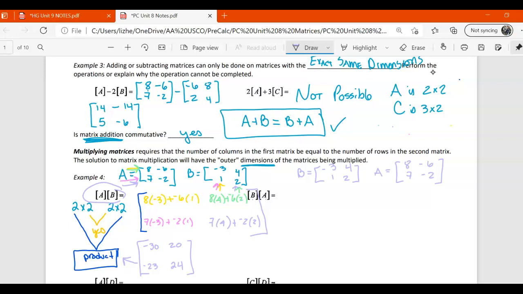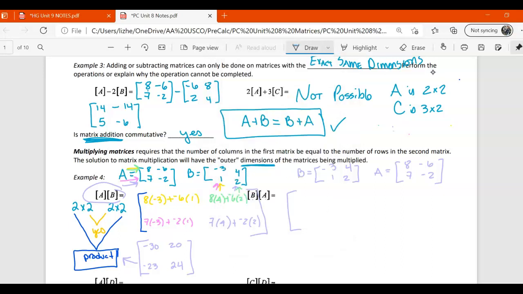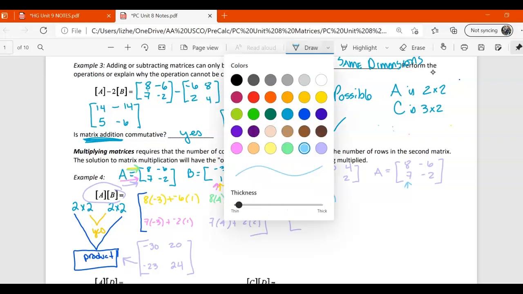So I'm going to do, let me get my colors going again. All right, top row, first column. So negative 3 times 8 plus negative 4 times 7. Okay.